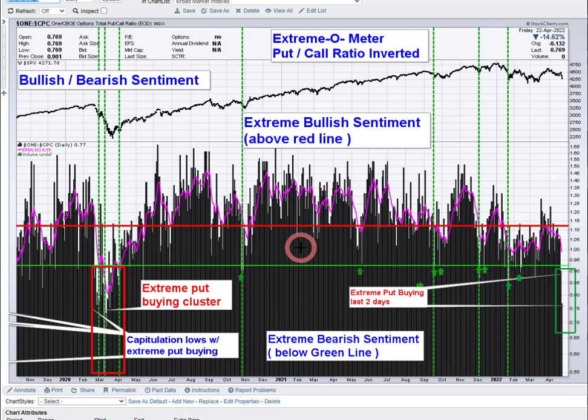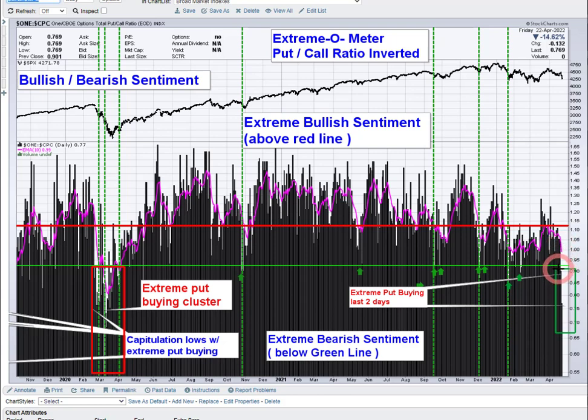The metric is a lot better at predicting or timing bounces than it is tops. You can see a lot of excessive call buying up here, and those didn't result in any tops. So this is more of a bottom picking type scenario.